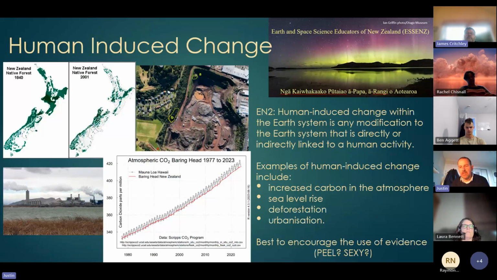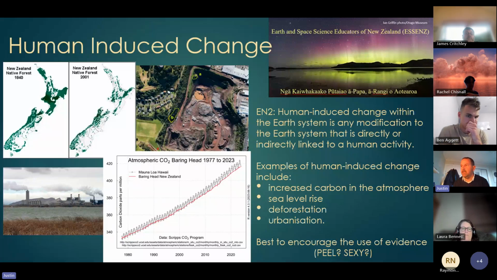So students have to describe human-induced change. And some of the best student work that I've seen in terms of describing human-induced changes, they give some kind of evidence for that. And hopefully you can see on your screen, there's a really good image at the top left about New Zealand native forest in 1840 compared to 2001.